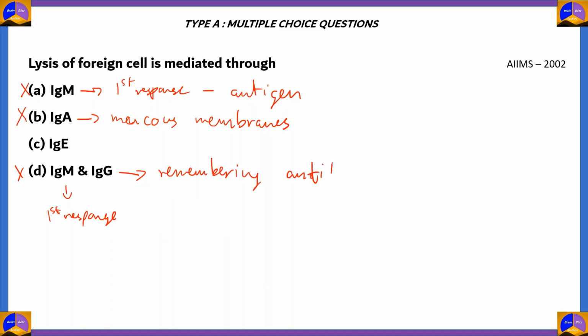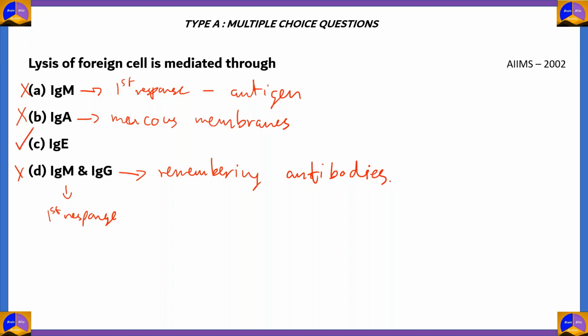So when some human is infected with an antigen, the body fights it off initially very slowly, but then after finding out the right antibody, immunoglobulin G remembers that antibody, so that when he is affected the next time, this antibody IgG acts on it effectively. So option D is incorrect.